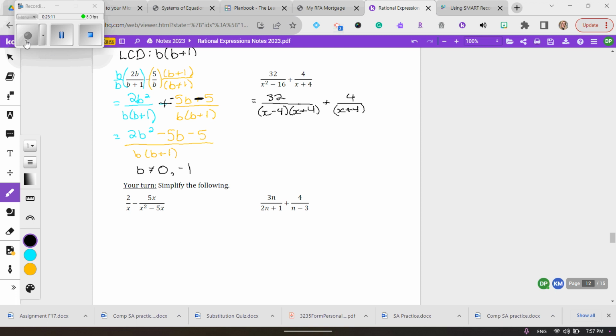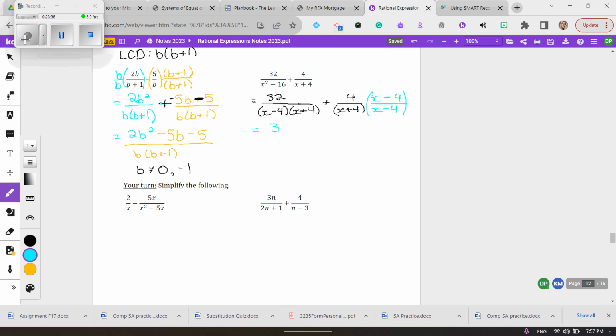Now I see that one fraction has two binomials, x minus 4 and x plus 4 on the bottom, and the second fraction only has x plus 4. So I need to go ahead and multiply by x minus 4, both the top and bottom, so that I can get a common denominator of x minus 4, x plus 4.